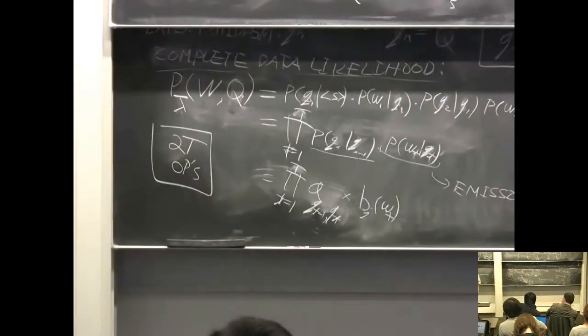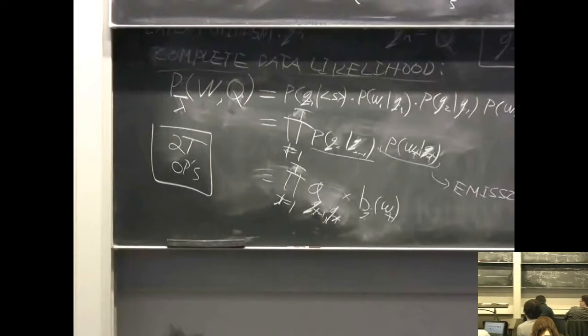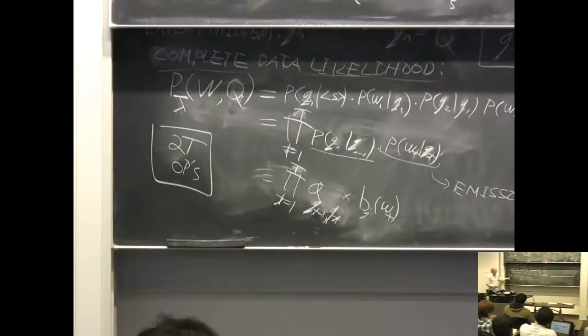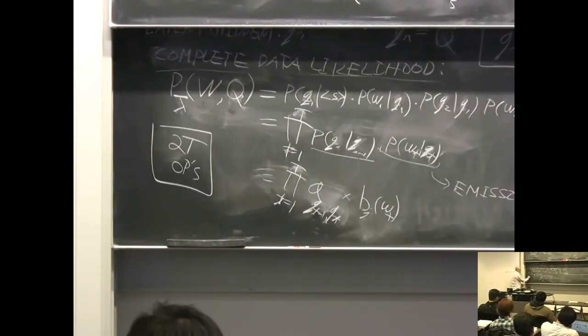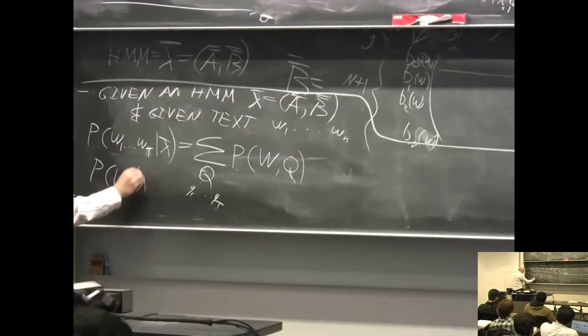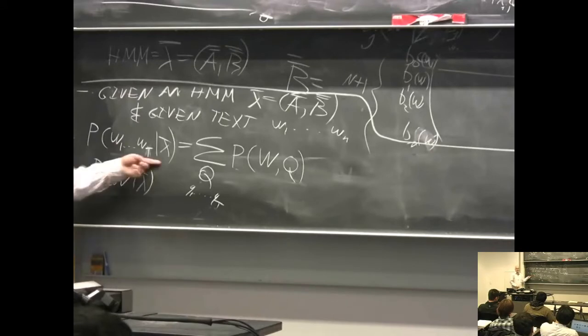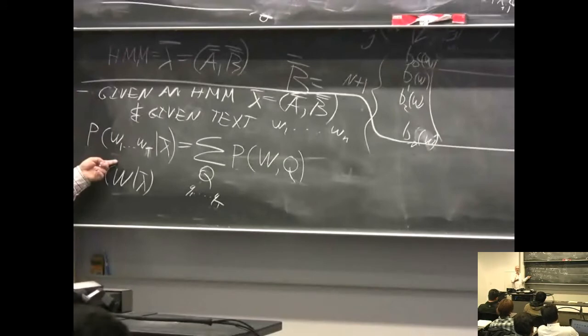That's completely doable, even if T is 100,000. That's no big deal, even if T is 1,000,000. But what if I want to calculate just P of W given the model, which is this? The probability of a given observable sequence, a given set of words, which is really what my model is eventually about.